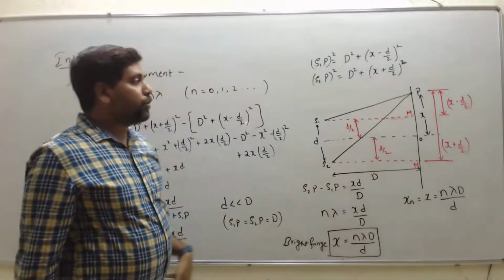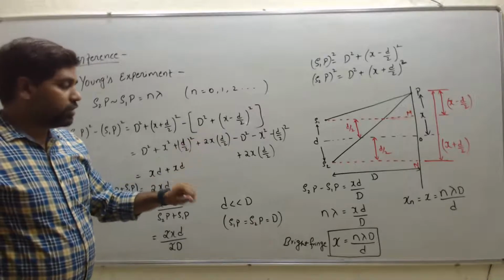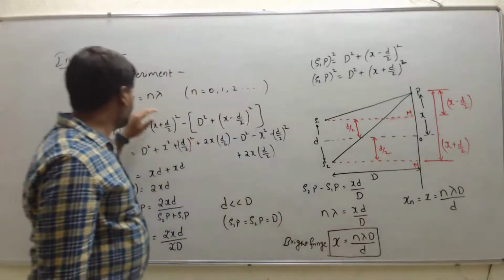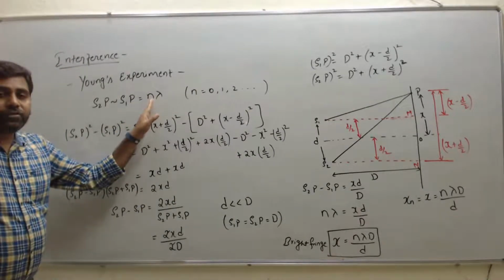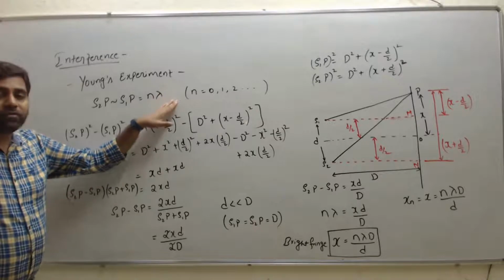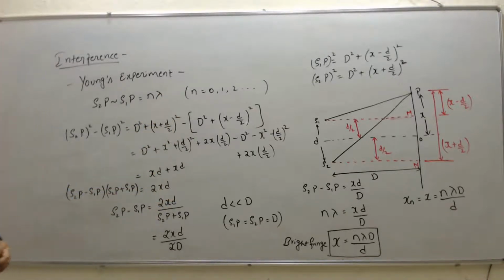So if P is at minimum intensity, that is for I equals 0, then here n shifts to n plus 1 by 2, that is for the minimum intensity. That minimum intensity we call the dark fringe, right?